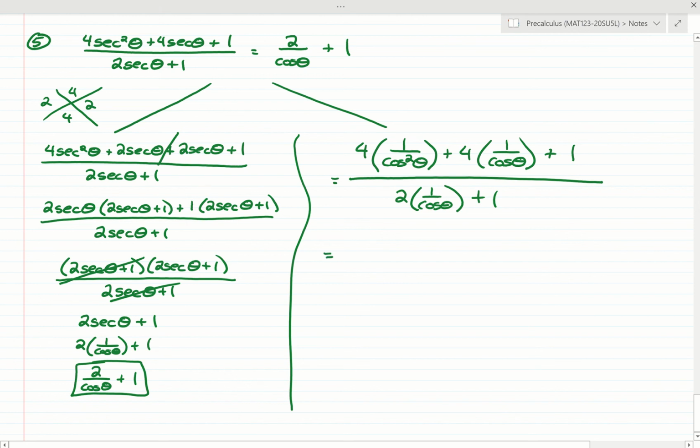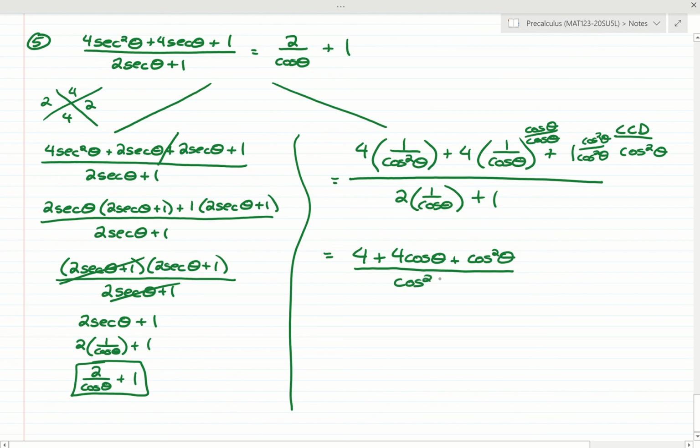Now on top, my least common denominator is going to be cosine squared. So what I'm going to do is multiply by whatever factor we're missing. I need to make this cosine theta over cosine theta to get cosine squared in the bottom. I have to multiply the 1 by cosine squared of theta over cosine squared of theta. So the top turns into 4 plus 4 cosine theta plus cosine squared of theta all over the common denominator of cosine squared of theta.